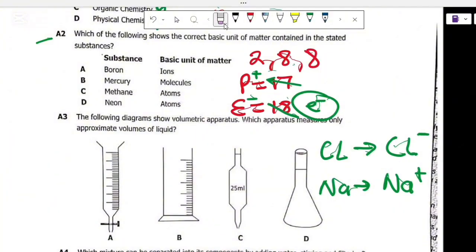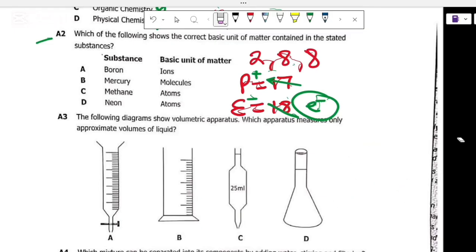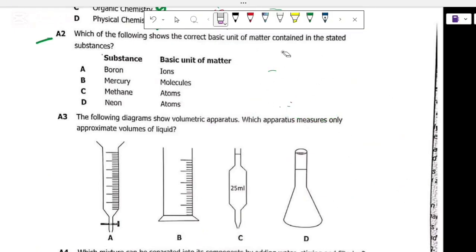Lastly, let's talk about oxygen on this one. For oxygen, if you remember again, let's use these same examples. Oxygen is 2, 6. This is stable, but it is uncharged because the number of protons is equal to the number of electrons. What should happen?